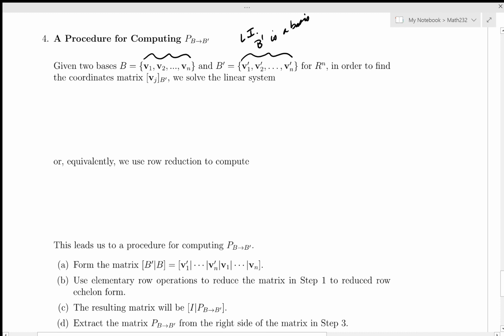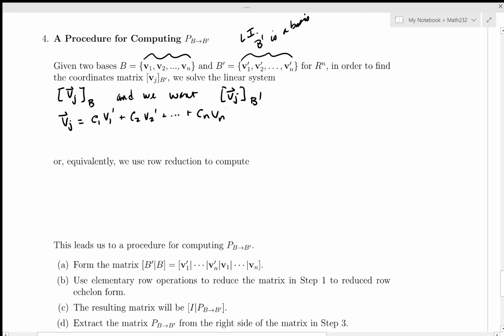So what we can do is consider Vj from B, and what we want is Vj referenced to B prime. So we want to see Vj equals C1 V1 prime plus C2 V2 prime plus dot dot dot Cn Vn prime.